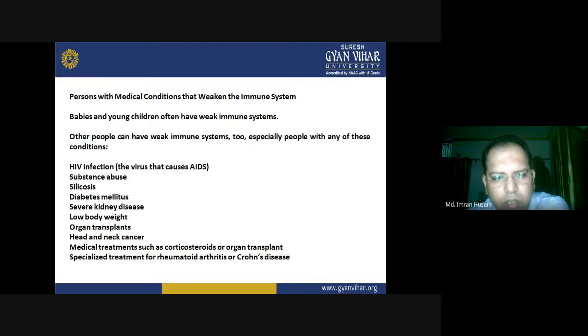Organ transplant, where the individual has received some sort of organ transplant. Head and neck cancer. Medical treatments such as corticosteroids, or specialized treatments for rheumatoid arthritis or Crohn's disease.